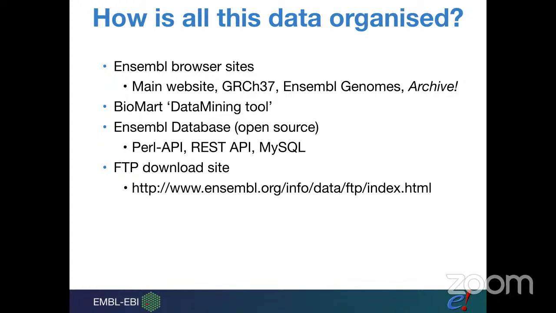You can mine the data in groups, as we showed you today, using BioMart, but you can also programmatically access our data using our APIs and MySQL. And finally, you can also download our whole genome files using our FTP site.